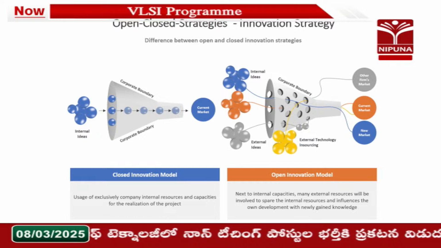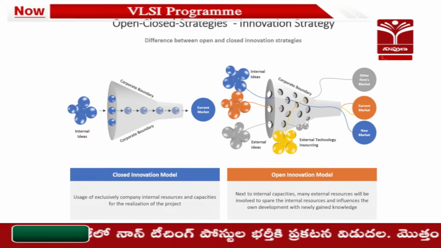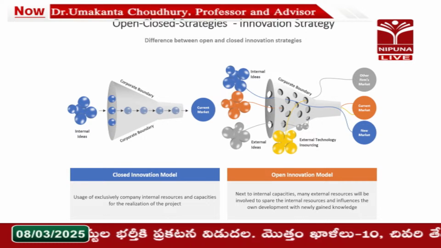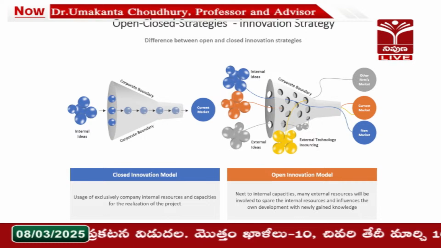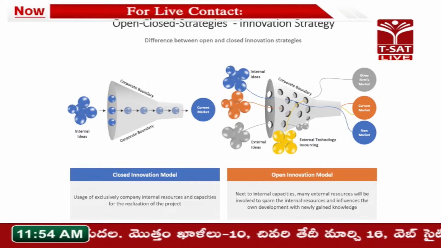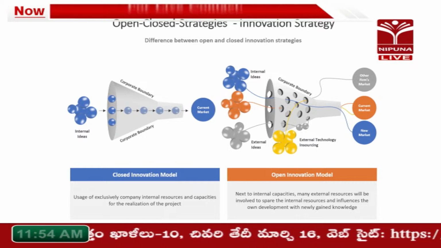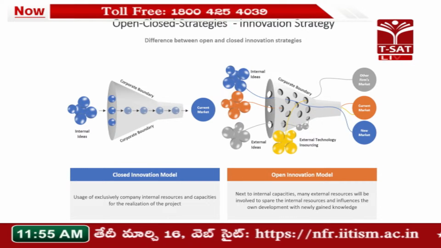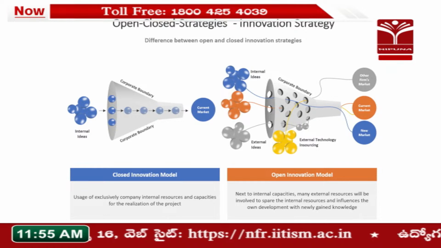When you say open innovation model, you can take inputs from outside and some of the information will flow outside. That is why 2 or 3 startups can join hands and develop together. Somebody is good in software, somebody is good in hardware, somebody is good in electronics.